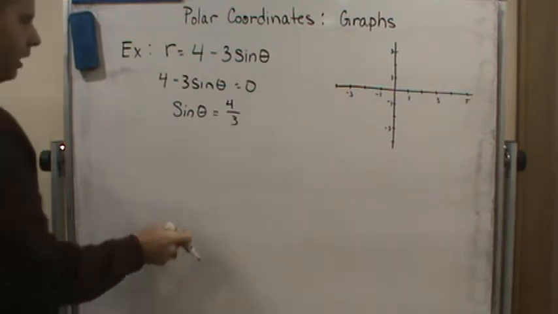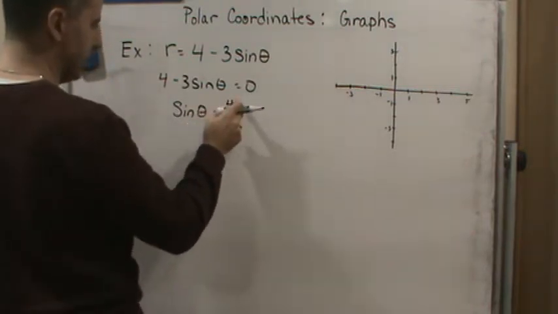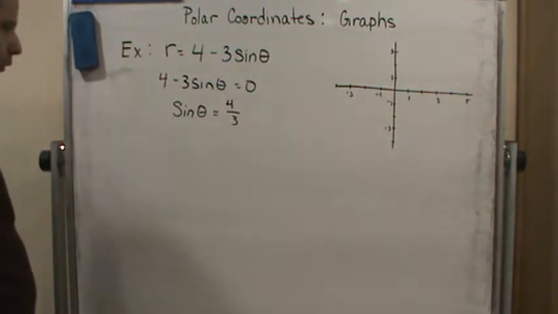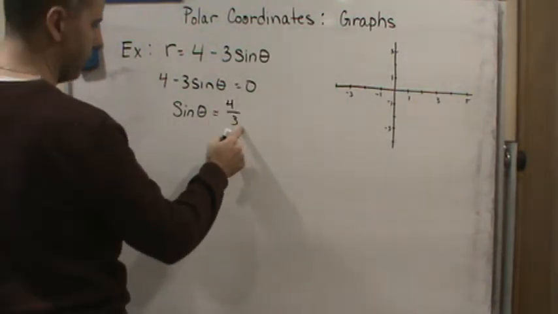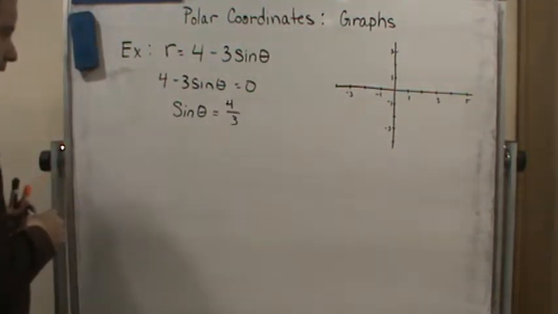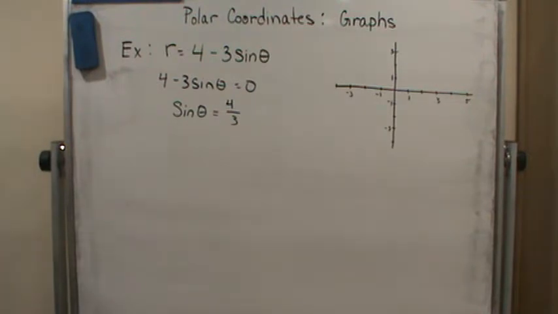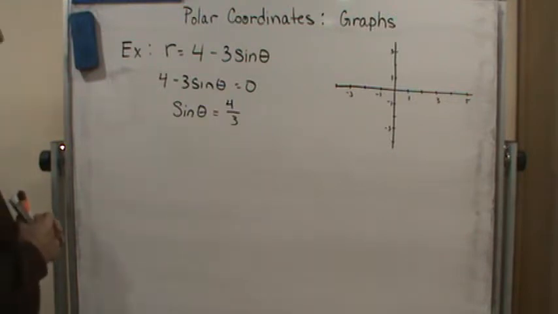Okay, so now sine of theta is equal to 4 over 3, which is opposite over hypotenuse. Which is impossible, right?